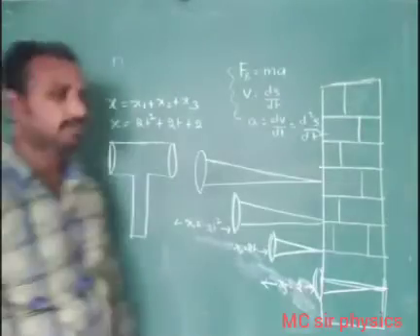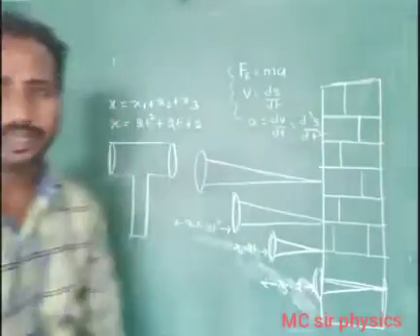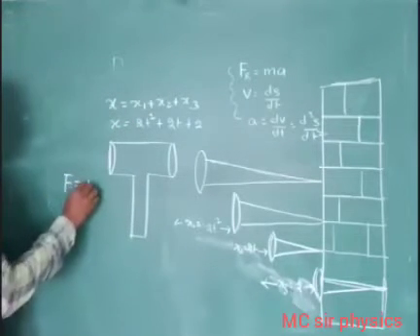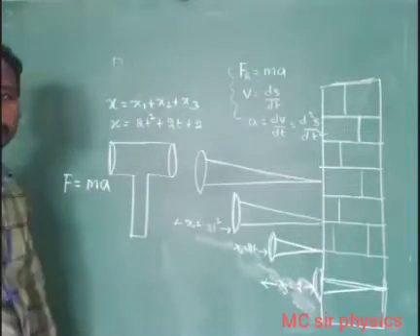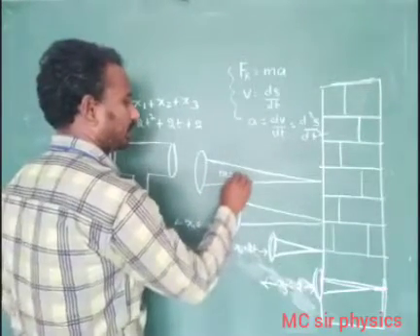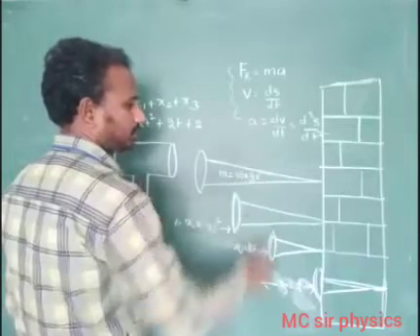Now we have to find the resultant force. Resultant force formula: F is equal to mass into acceleration. Mass of the nail, identify 10 grams.